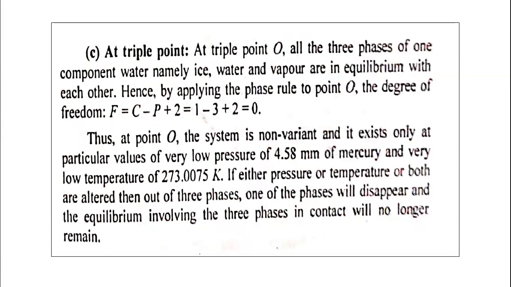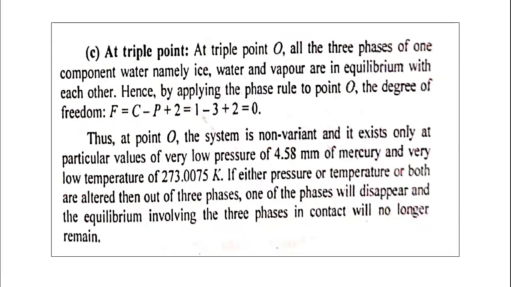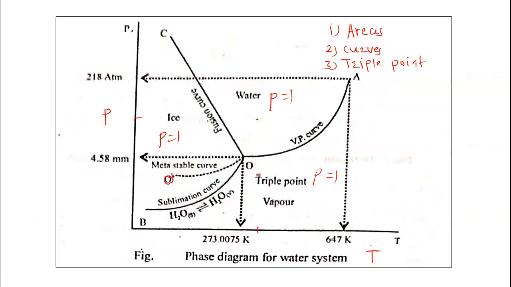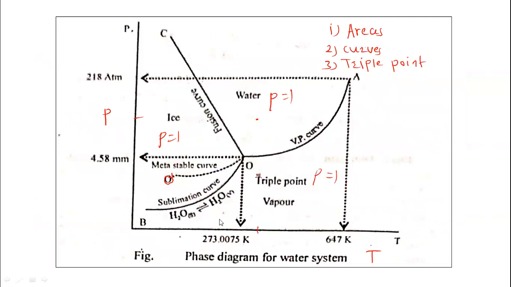See here, at the triple point, the system is non-variant and it exists only at particular values of very low pressure, 4.58 millimeter, and the corresponding temperature of 273 Kelvin.